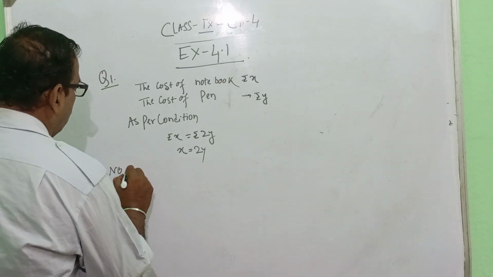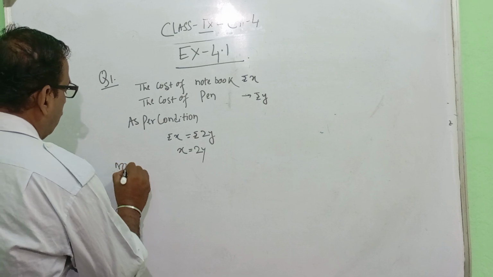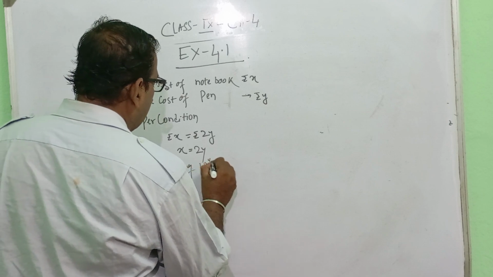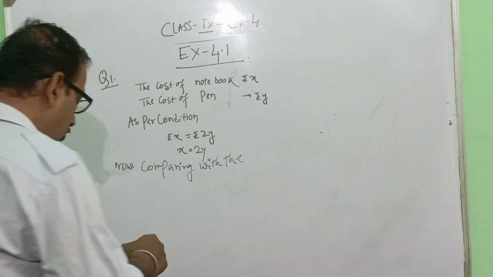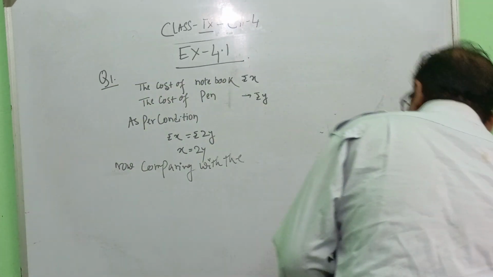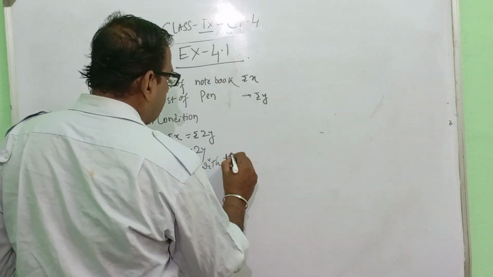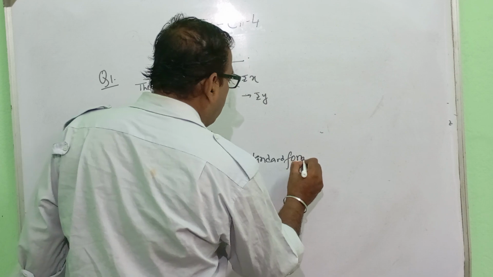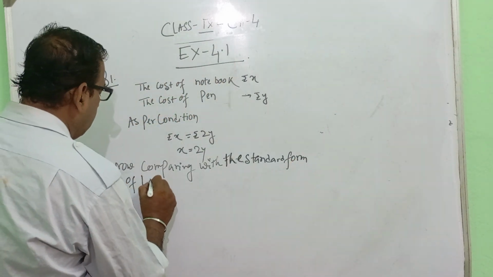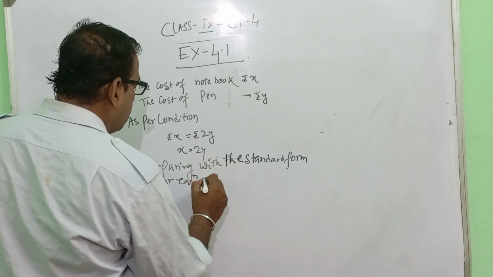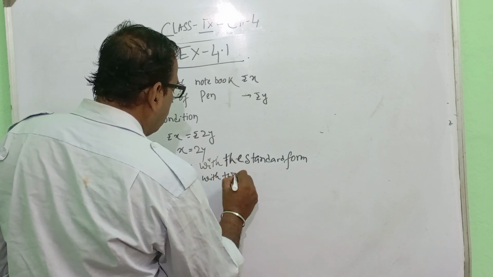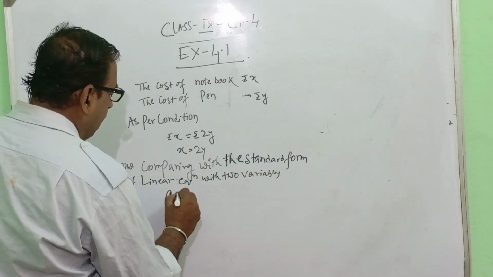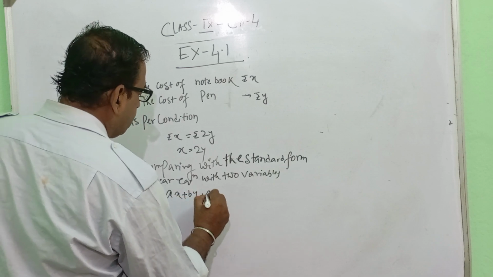Now comparing with the standard form of linear equation with two variables, what is that? ax plus by plus c is equal to 0.